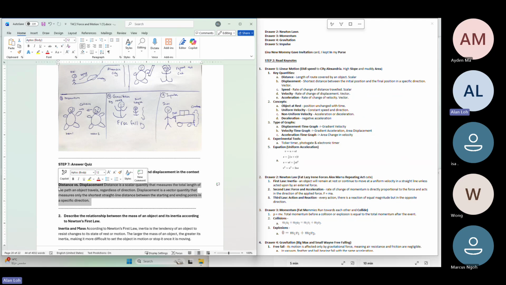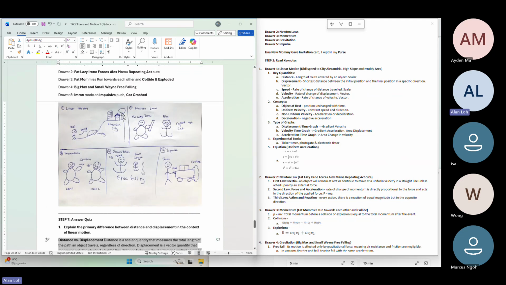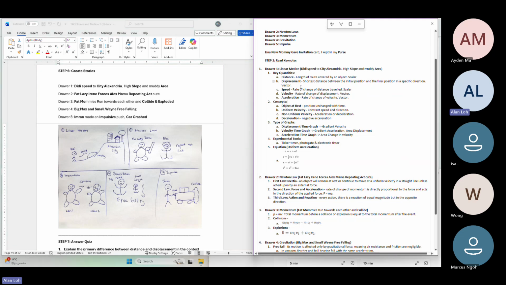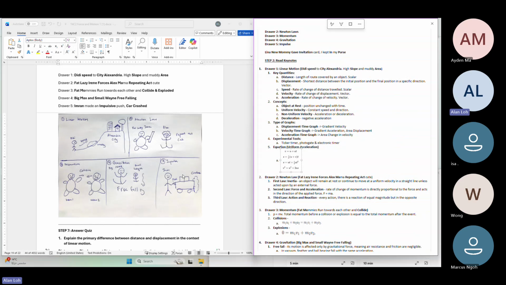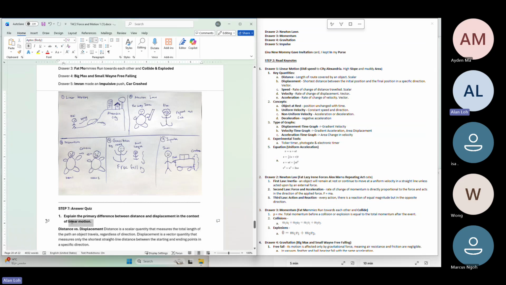It doesn't need to be a very formal or structured answer, just some keywords, just by looking at your pictures or this reference.